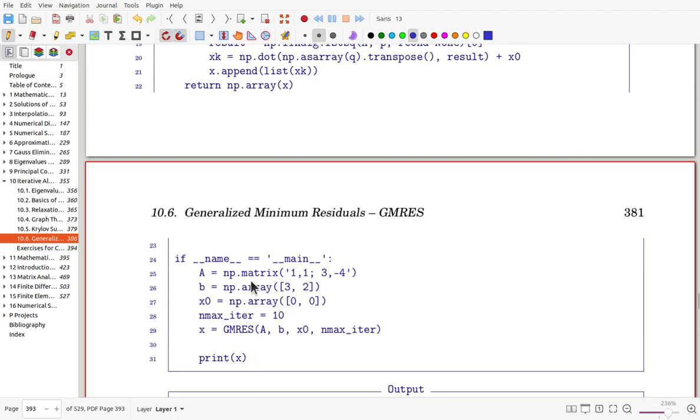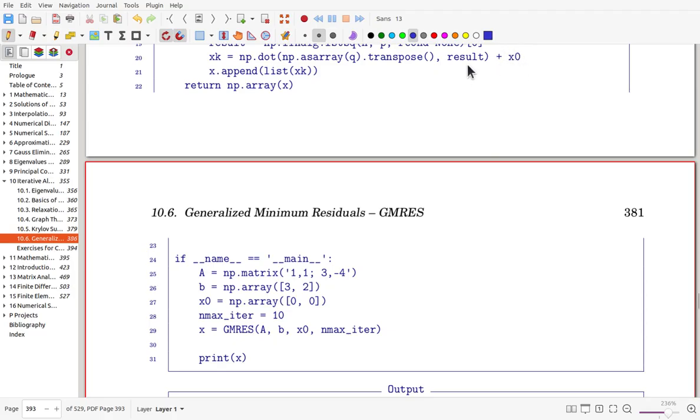There's a 2x2 matrix, and the right side is 3, 2, and x0 is 0, 0, so this portion has no effect.